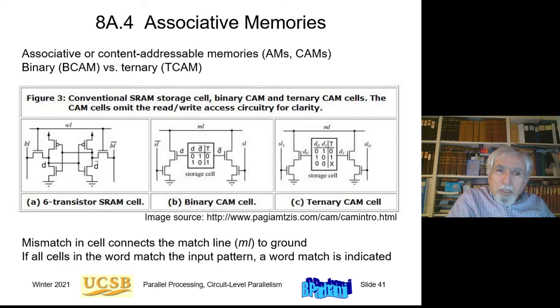So the way this works, the 4 transistors in the middle are basically the memory cell that stores a bit, and that bit is D. So both D and D bar are available from this memory cell.